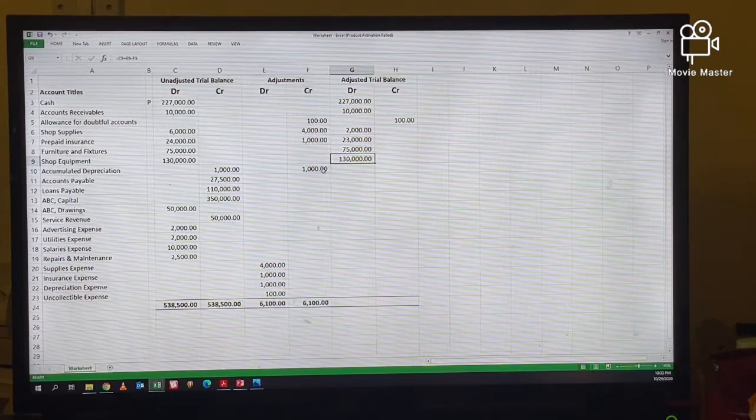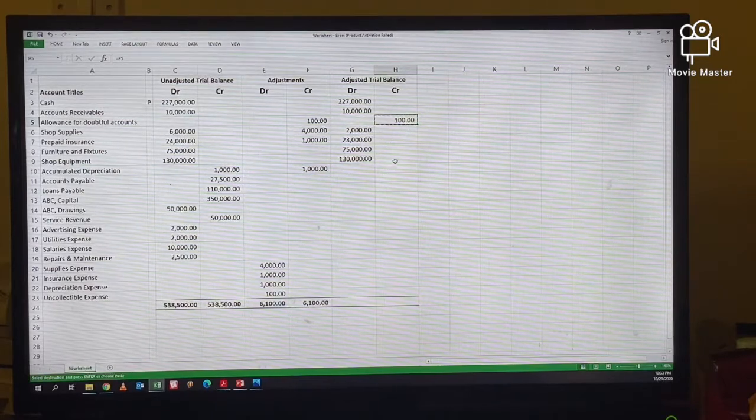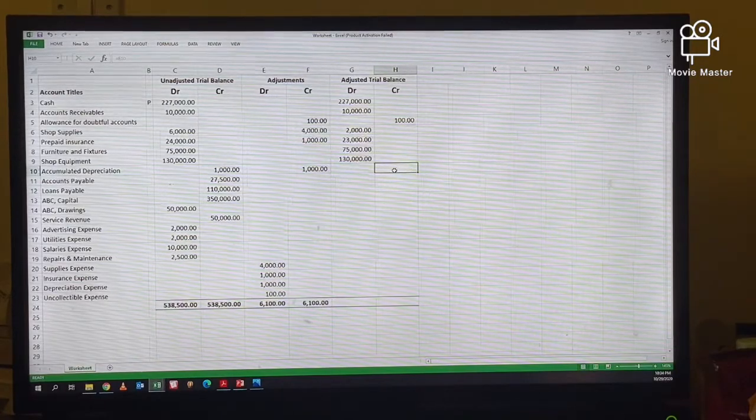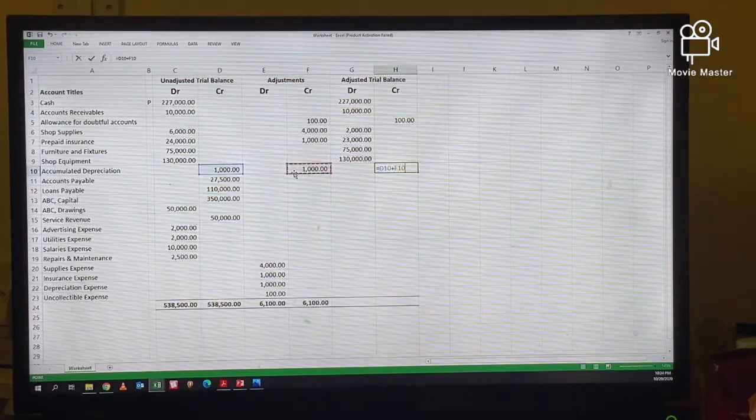Now, ito namang accumulated depreciation, nag-recognize tayo ng additional depreciation expense na 1,000. So, pag credit to, since credit siya, so madadagdagan, diba? So, add mo yung credit, minus mo kung may debit.